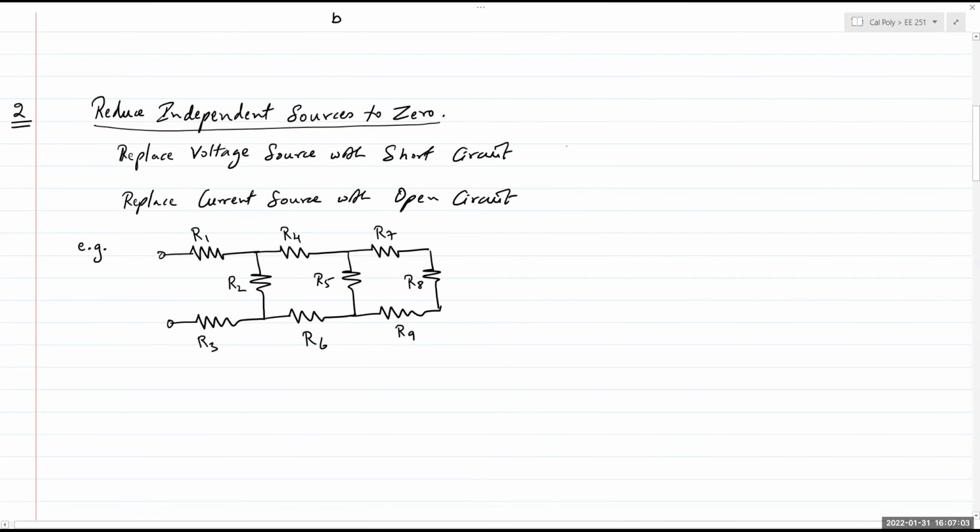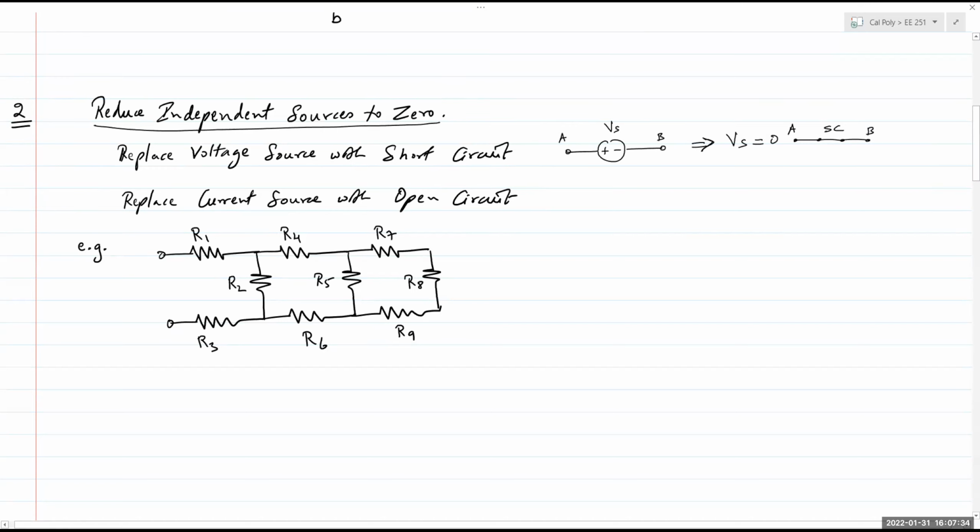And the way that works is because if you have a voltage source and you want to reduce the value of the source between A and B to zero, the only way you can have the voltage equal to zero is if both the terminals are exactly the same potential. And the only way we can do that is to place a short in there. So we have a short circuit between A and B.